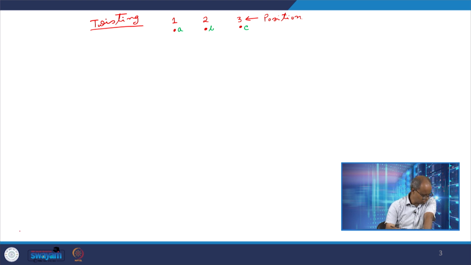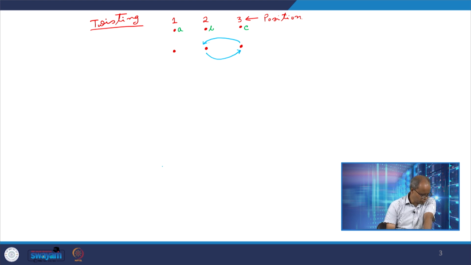So how does it look? After some time, this is A, this is B, this is C. So this comes here, this comes here, and this comes here.